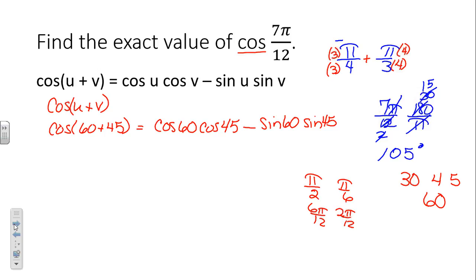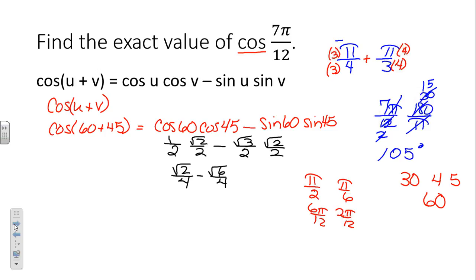So what is the cosine of 60? What's the cosine of 45? What's the sine of 60? What's the sine of 45? Okay, so when I multiply these together, I get root 2 over 4. And when I multiply these together, I get square root of 6 over 4.